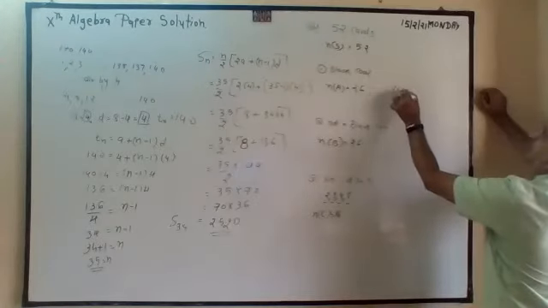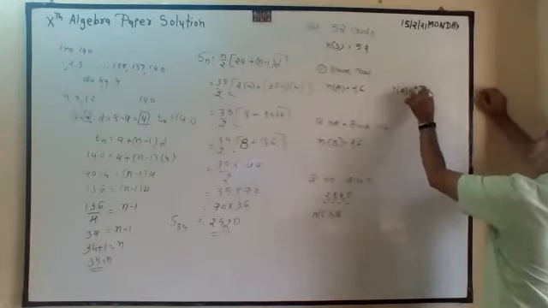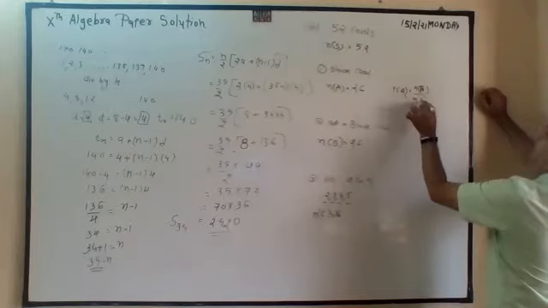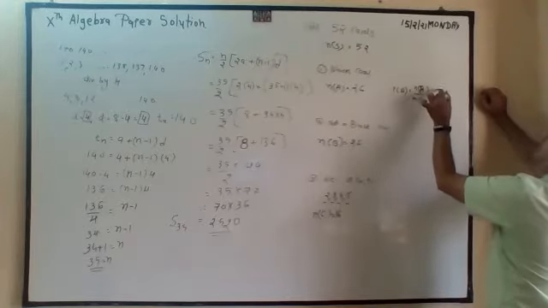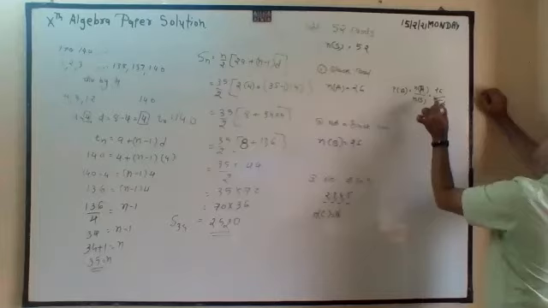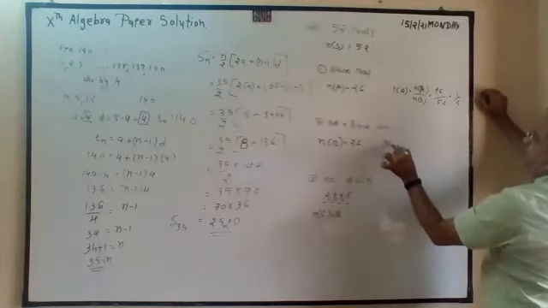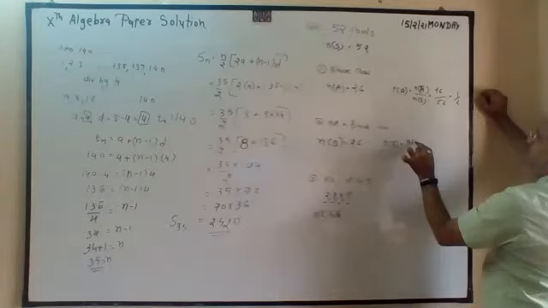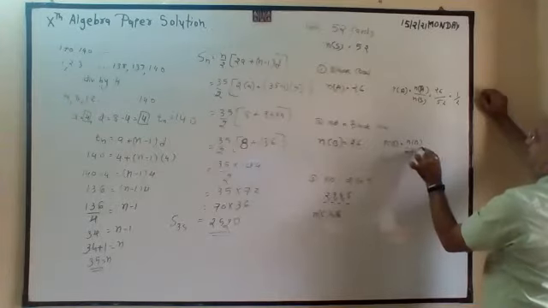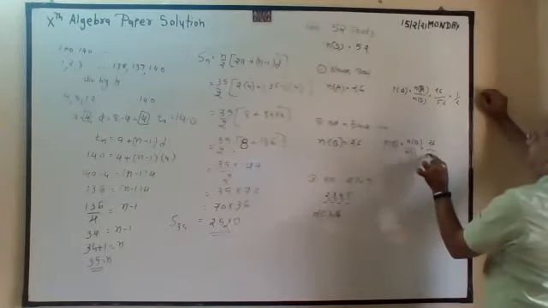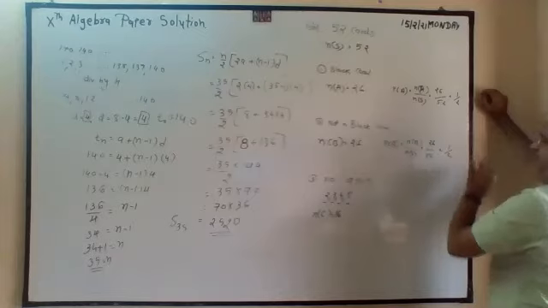So probability of A, number of A divided by number of S, 26 by 52, half. Probability of B, number of B by number of S, 26 by 52. 50%, 50%.